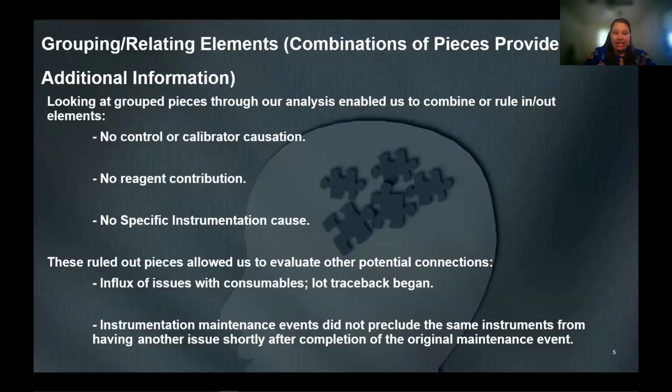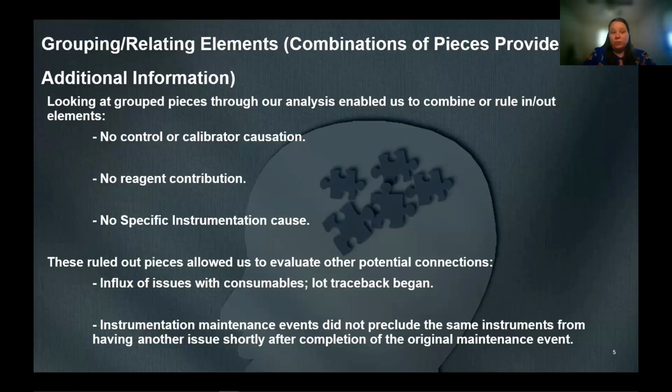We group or relate elements of that puzzle to understand and determine what additional information we may be able to derive that will help us in this investigation. So in doing that look, we did group together different pieces of, I guess, control data, calibration data, instrumentation data, and came to the conclusion that none of those specific things were the cause of the current issue.